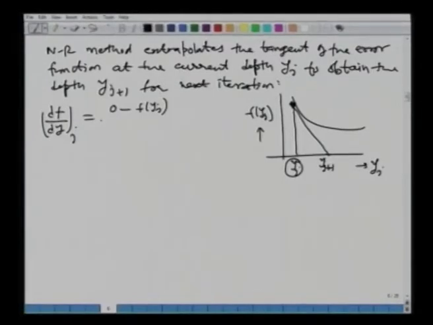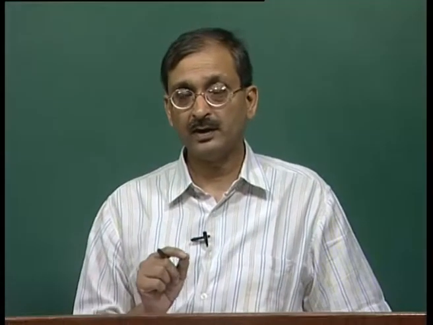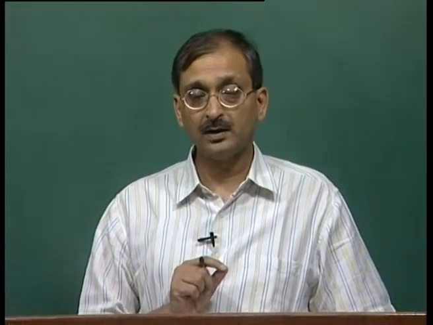y 2 minus y 1, that is the function value at the second point and the first point, divided by x 2 minus x 1, and x is y here. So, you have y j plus 1 minus y j. All you have done is you have taken the slope at the current point, or at the current value of your root of the nonlinear equation.